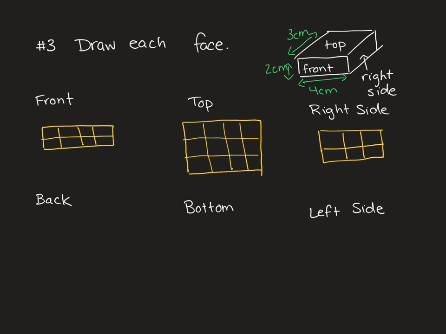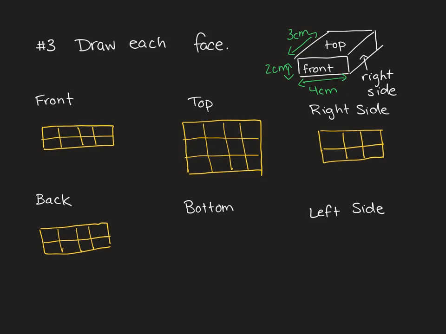Now, if I need to figure out the back, what is the back side the same as? The back is the same as the front, right? The front would be here. The back would be a second rectangle that's the same size. So we just need to draw it in below here. So once again, it's going to be 2 by 4.